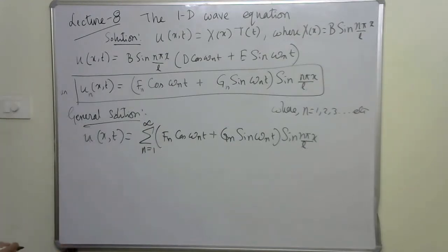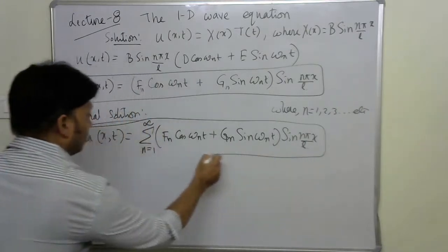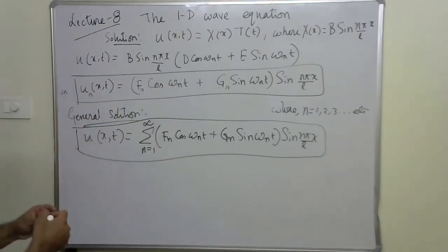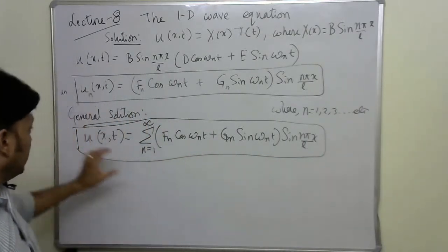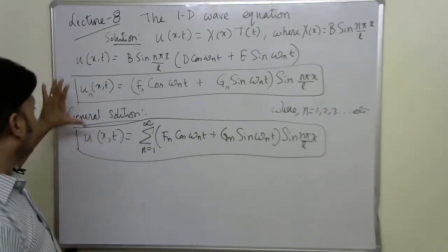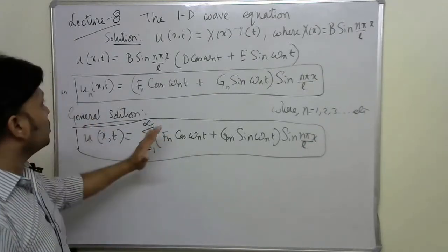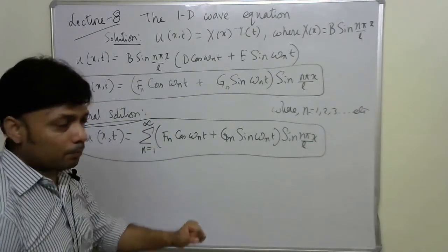So now you see that we just have added a simple summation part, right? And this becomes our final general solution. So this means not only the individual un, but also their summation can form an acceptable solution for this problem.